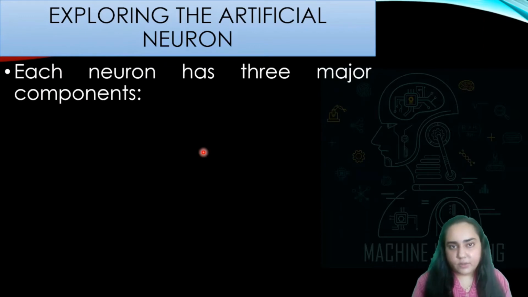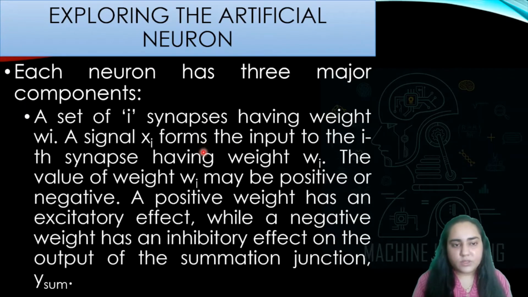Each neuron, in this case, we're talking about the artificial neuron now. Every artificial neuron also has three major components, just like a biological neuron has dendrites, axons and soma. So what does it have? The first component is a set of i synapses having weight wi. What are synapses?